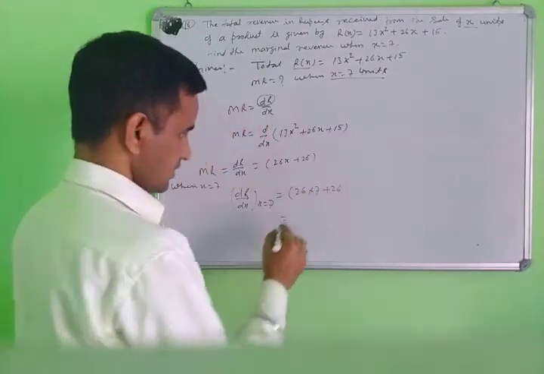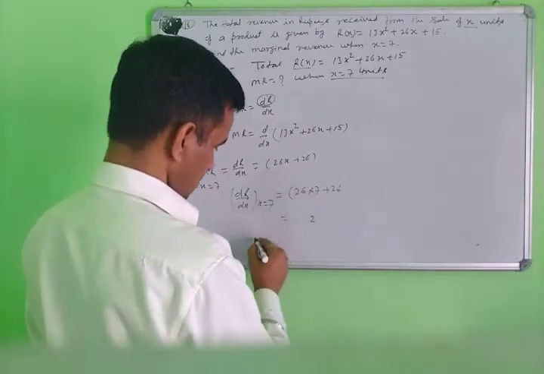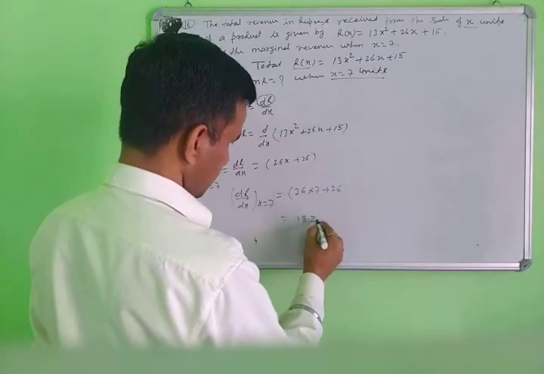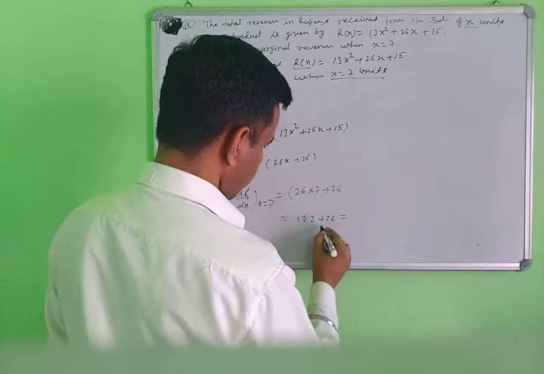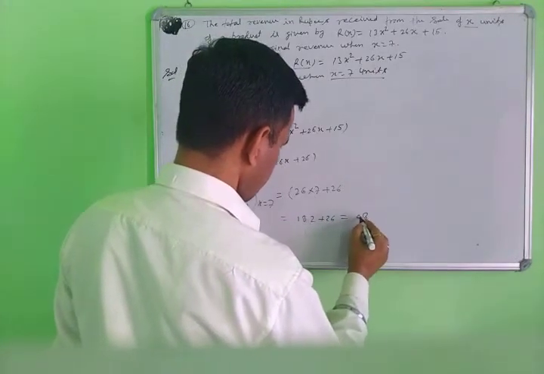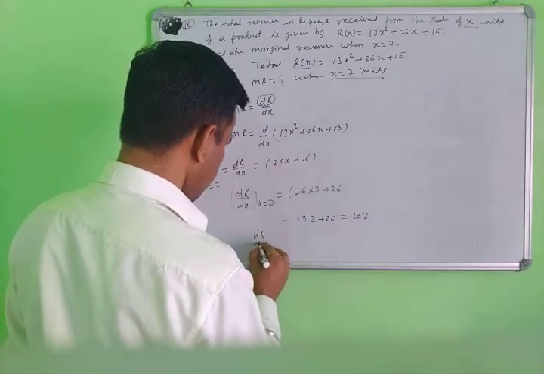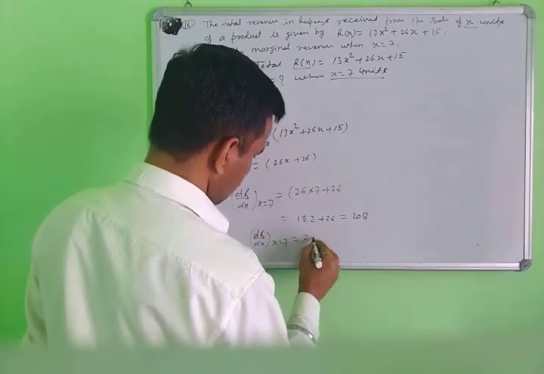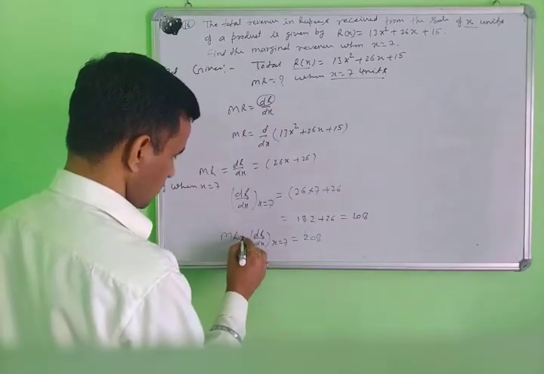So multiply here, 7 6s are 42, and 7 2s are 14, and 4 makes 18, plus 26. Now add here: 208. So dR over dx at x equal to 7, the result you get is 208, meaning marginal revenue.